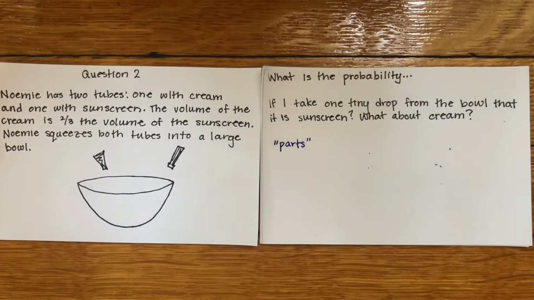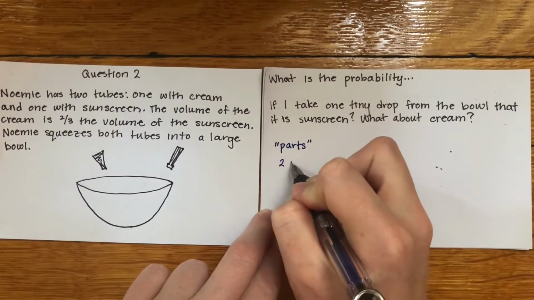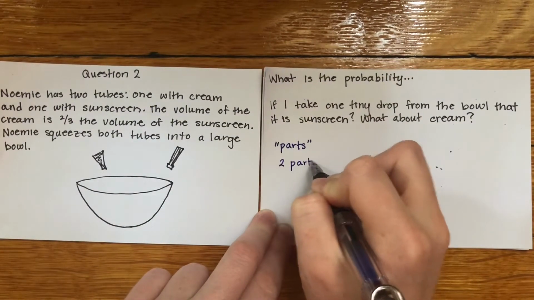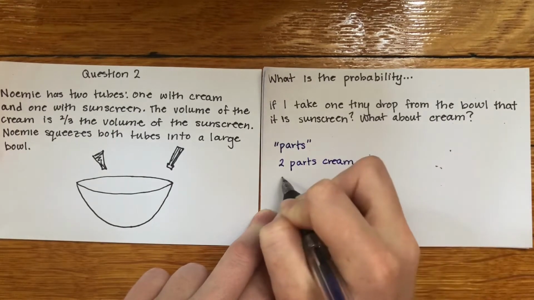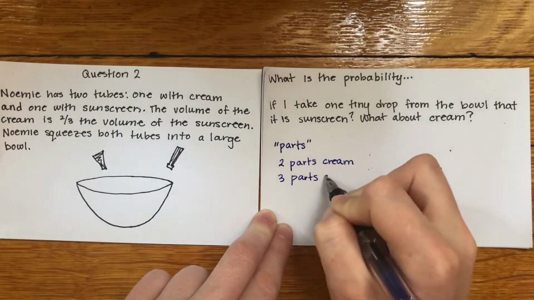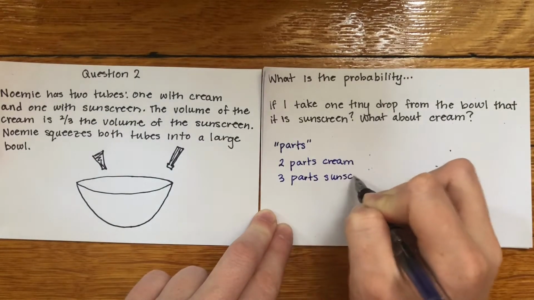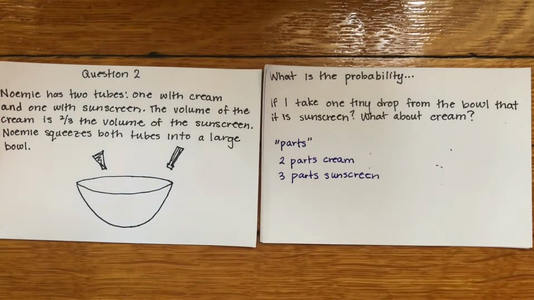What I've figured out from the fact that the volume of the cream is 2/3 the volume of the sunscreen is that it is going to be 2 parts cream and 3 parts sunscreen. Now, this word parts is kind of acting as a unit, but the cool thing about it is that it could be anything.